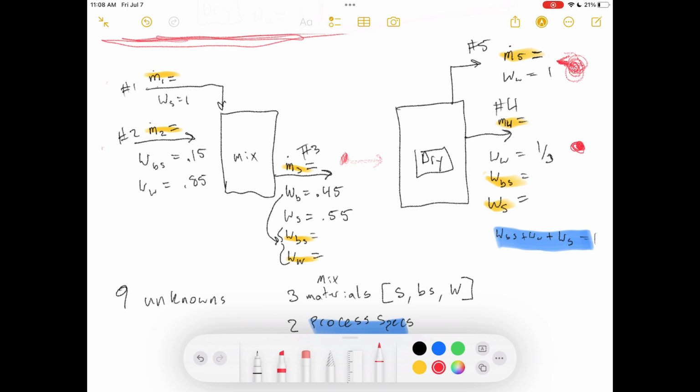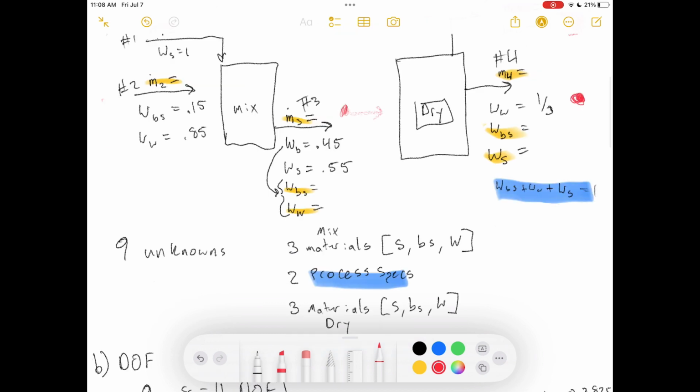Okay, Part B. Do the degree of freedom analysis and show that the system has 0 degrees of freedom, i.e. the number of unknown process variables equals the number of equations relating them. If you have too many unknowns, think about what you might have forgotten to do. I wonder if they're referencing this because they didn't explicitly say that there's a water stream coming off, so remember to put that in.